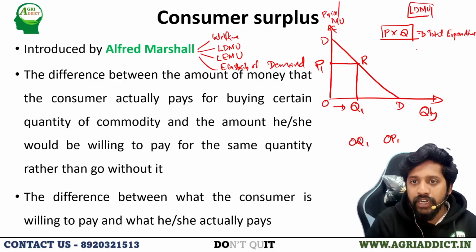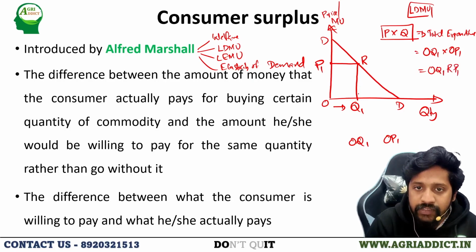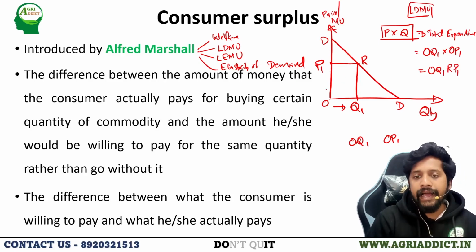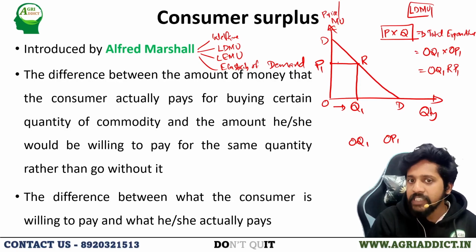So the total expenditure comes to OQ1 into OP1, right? Or simply we can say it is the area of this rectangle OQ1RP1. So the area of the rectangle gives the actual expenditure incurred to get 1 kg of mango at price P1, right?